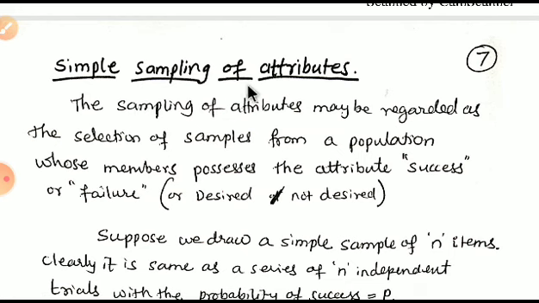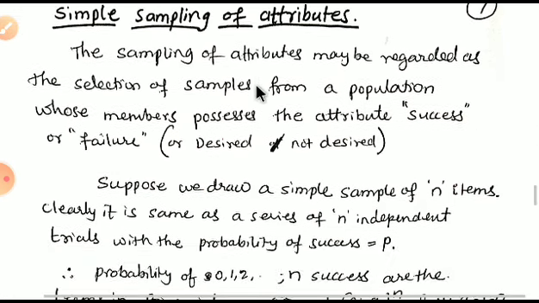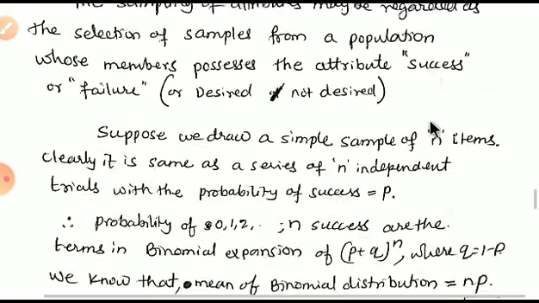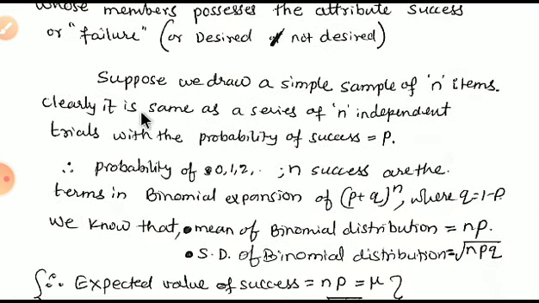Now, simple sampling of attributes. The sampling of attributes may be regarded as the selection of samples from a population whose members possess the attribute success. From the sample we take the desired outcome. Desired outcome is a success. We have seen this in probability in the previous videos.